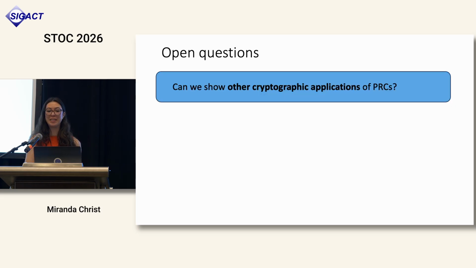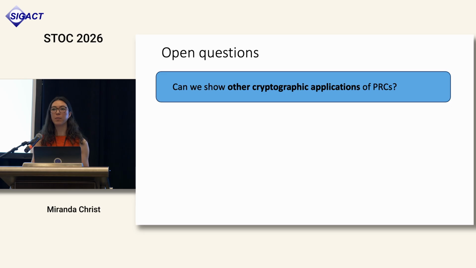Another thing I would really like to see is more cryptographic applications of pseudorandom codes. So the black box impossibility that I mentioned really shows that pseudorandom codes are a different object from other crypto primitives. Maybe this means they're more powerful than other crypto primitives. So far, they haven't been shown to be useful in cryptography for much more than watermarks.